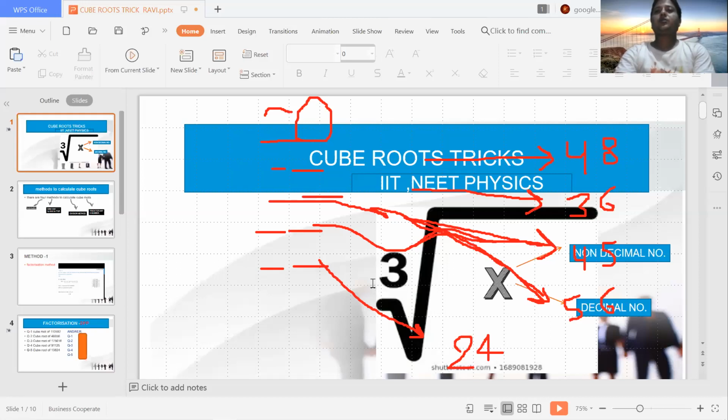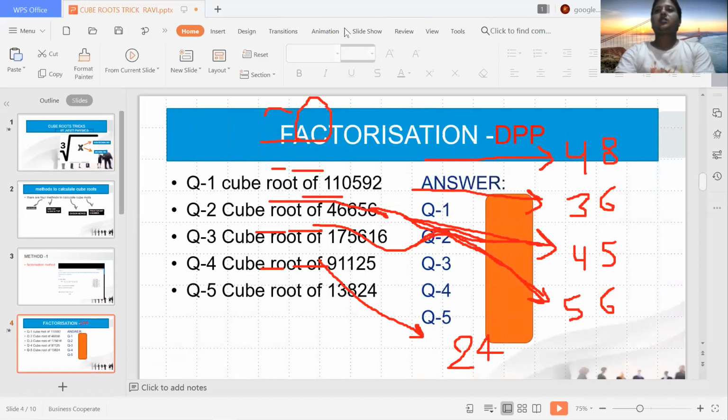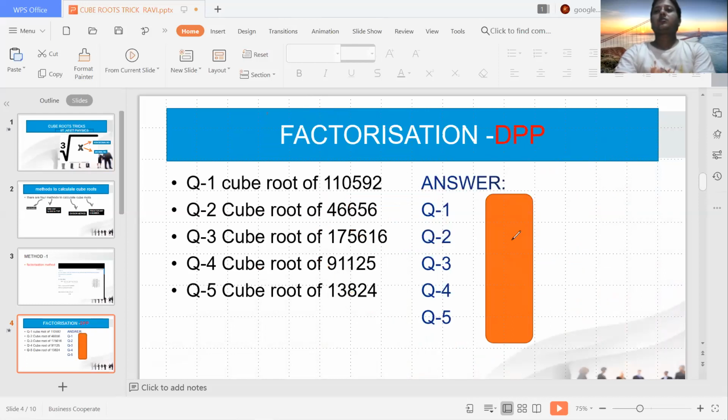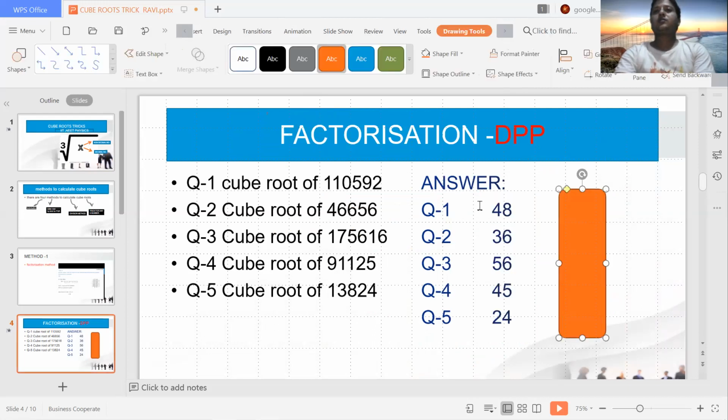We can easily check the answer. 48, 36, 56, 45 and 24.